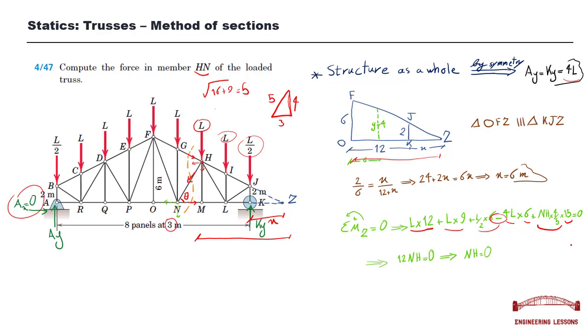This is our equation. By summing all of our terms, it gives us Nh equal to 0. So Nh is again a zero force member, like the previous example.